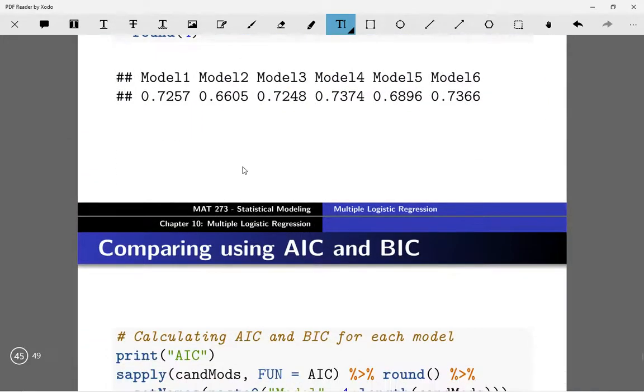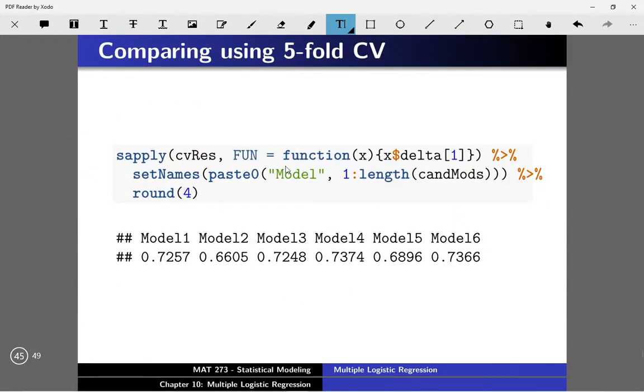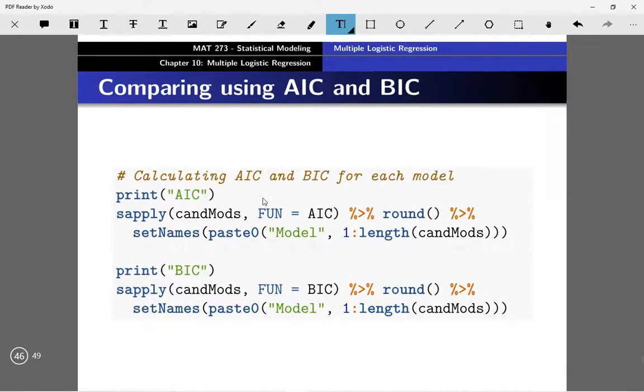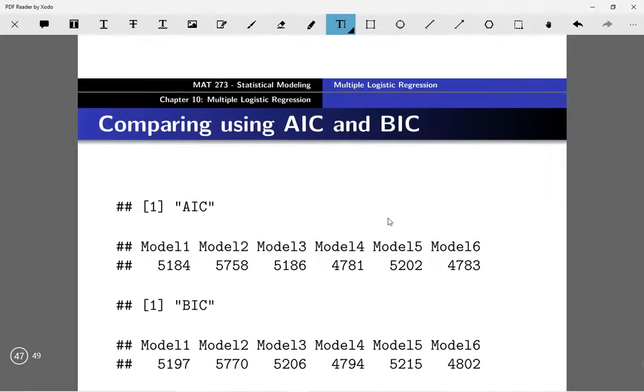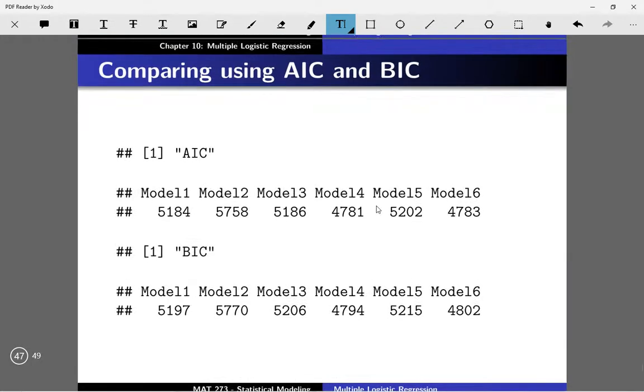But cross-validation, again, is not the only way to select a model. I think it's the best way myself, but there are other approaches, such as AIC and BIC. Using this code here, we can calculate the AIC and BIC for each one of these models, and we want to select the model with the smallest AIC and BIC.